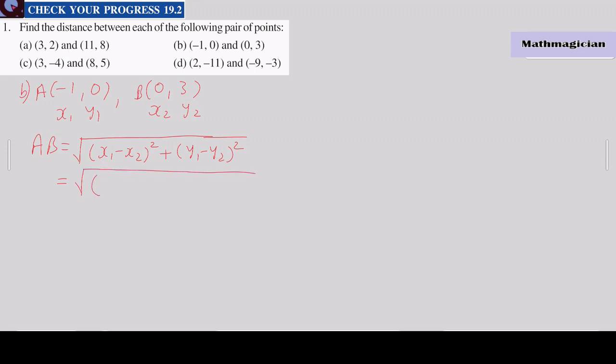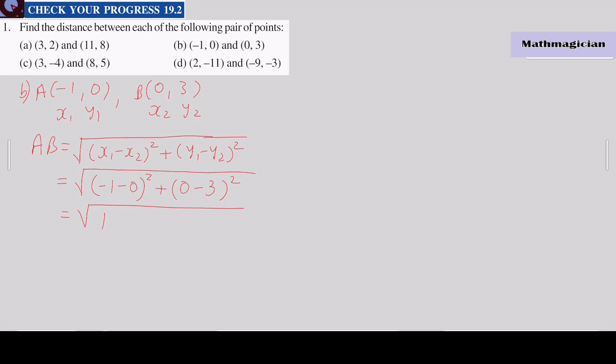Here x1 is minus 1. This minus sign is already there. x2 is 0, bracket over, square, plus y1 is 0 minus 3 square. Now minus 1 minus 0 gives minus 1, and 1 square is 1 only, that is positive. 0 minus 3 is negative 3 only.